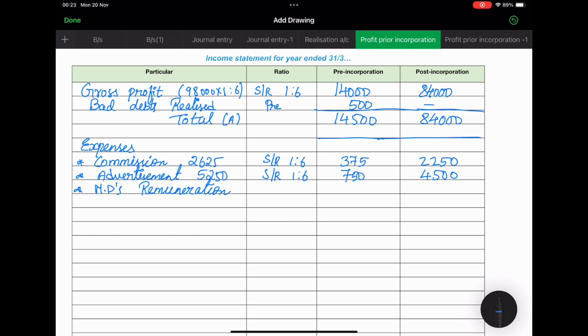So this is fully related to post incorporation, so we can directly write it to post incorporation. Value is 9000. Next, depreciation.